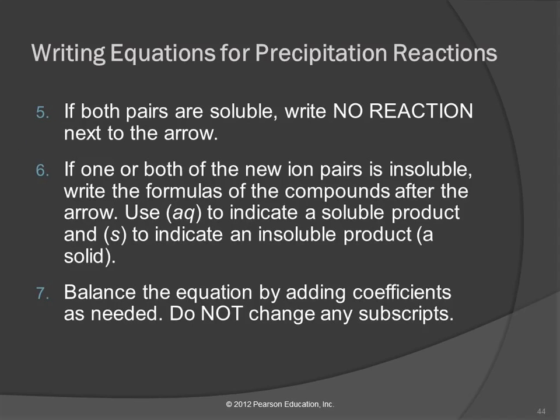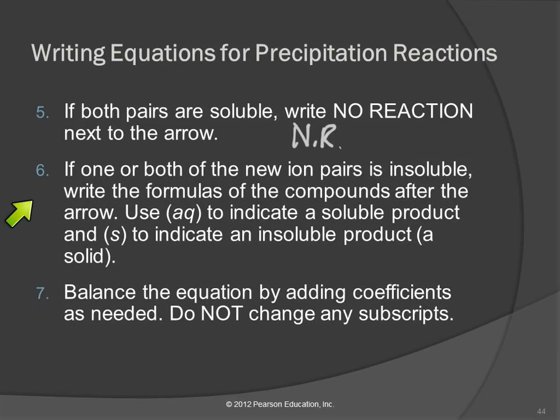All that's happened is you've mixed things. That's no reaction. You can write no reaction next to the arrow. I'll even let you abbreviate that and say NR, N period, R period. That's chemistry for no reaction. Done. You don't have to do anymore.